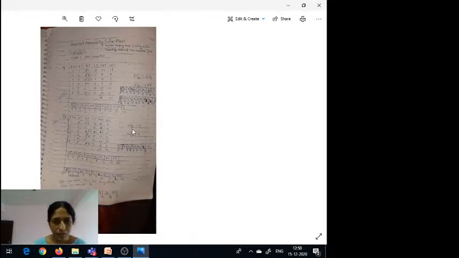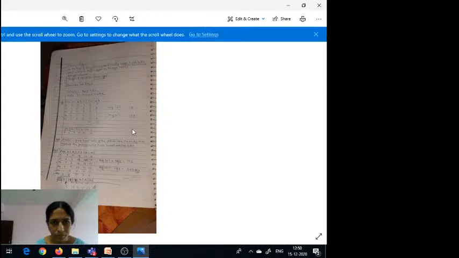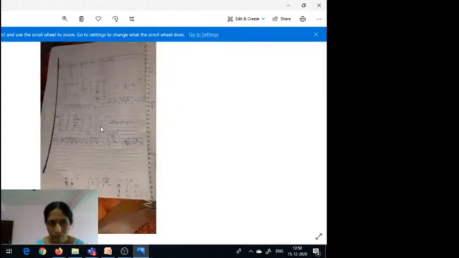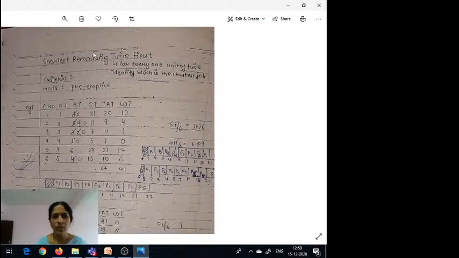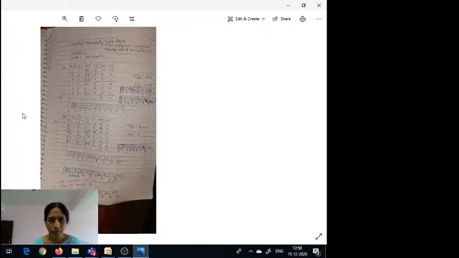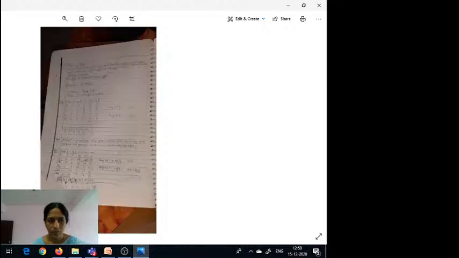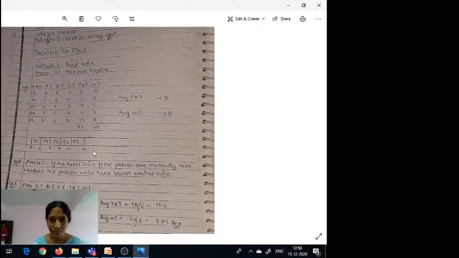See here. Now observe here, this is the shortest job first algorithm.